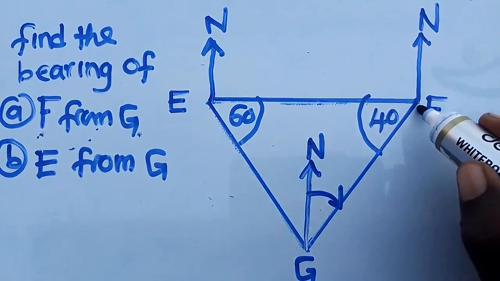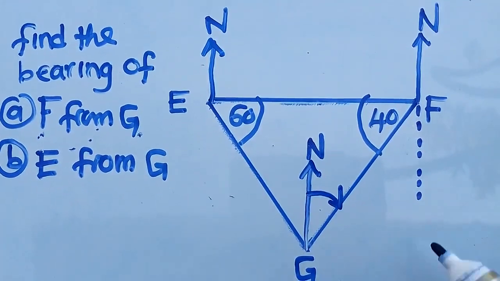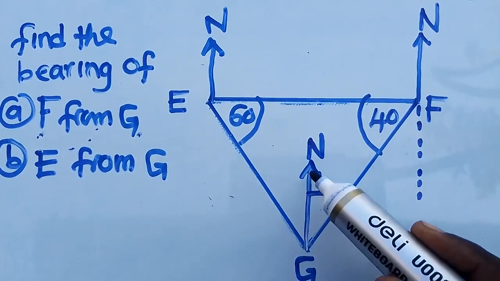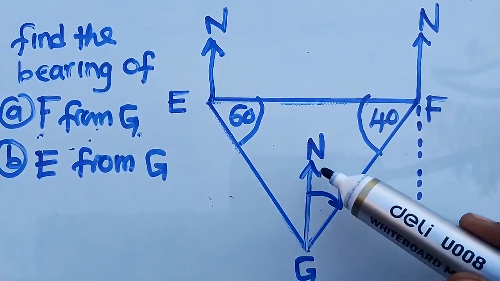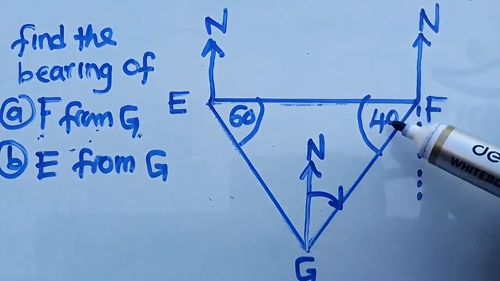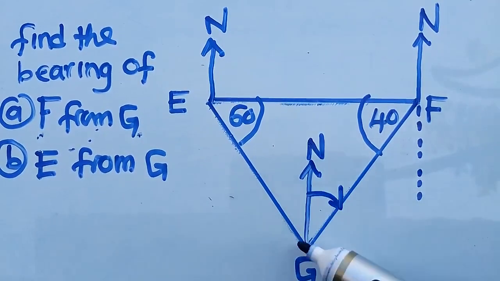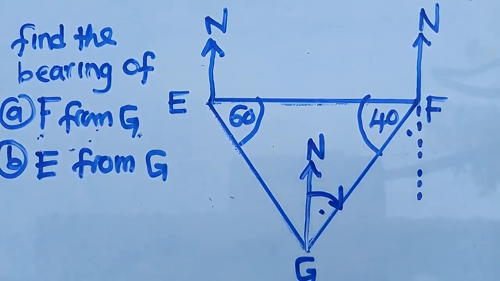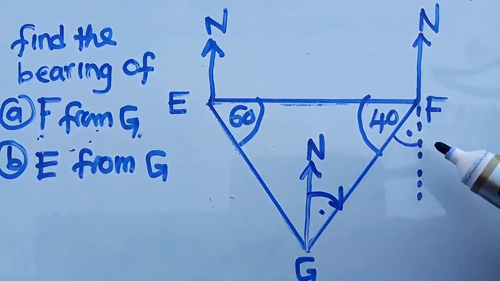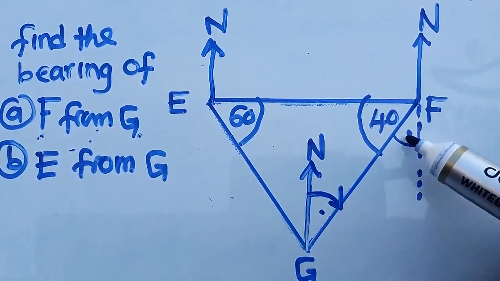When I put something like this, I'm able to form a Z. There is a Z that is being formed. So the angle that is here is equal to the angle that is there. When I join them, these angles are equal.